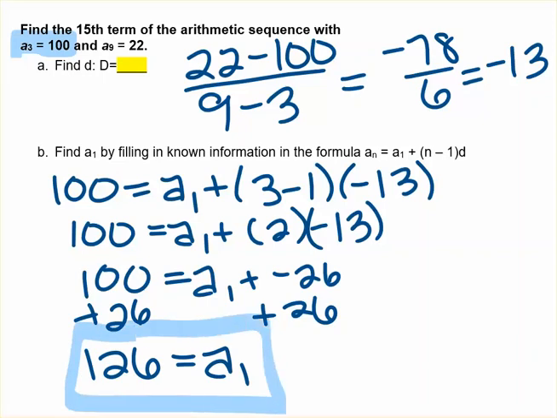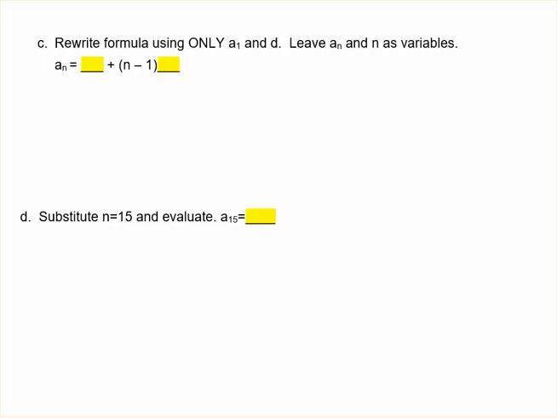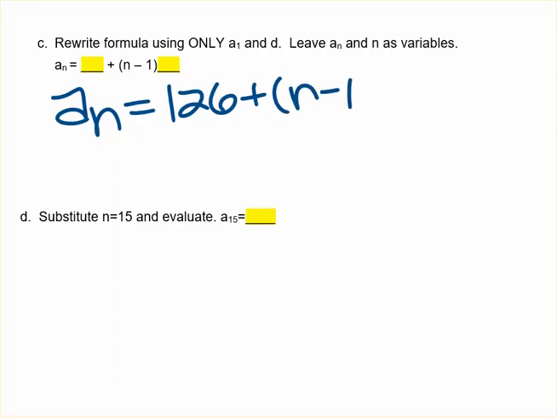Let's use that to put it back in our equation. So we're writing a general equation. We're going to leave that in the form a sub n equals a sub 1, our first term, 126, plus n minus 1 times our difference, which was negative 13.